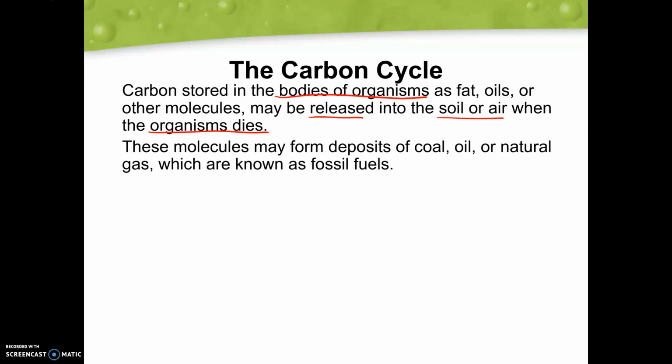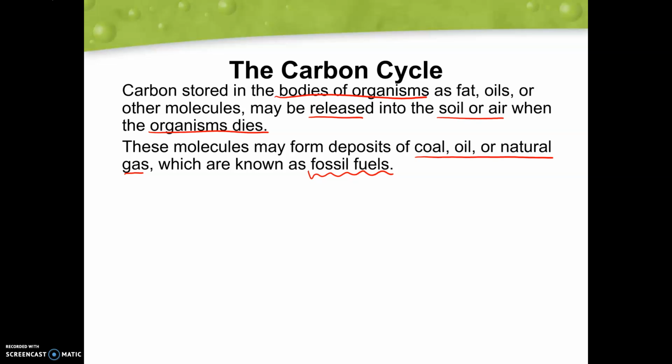So these molecules form deposits of coal, oil, or natural gases, and these are known as our fossil fuels. A lot of the times when organisms die, if it's in favorable conditions, they'll be packed into the ground to form some sort of rock. And in these rocks or these fossils, we get a lot of our natural resources of coal, oil, and gas.